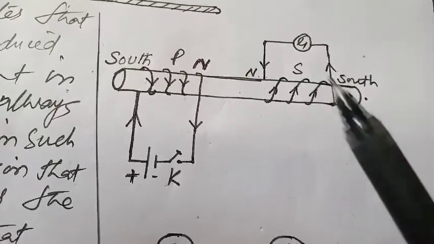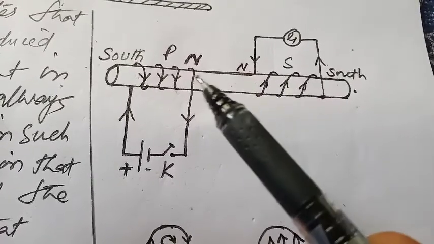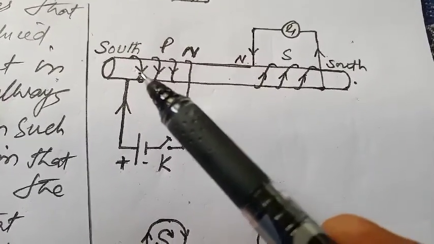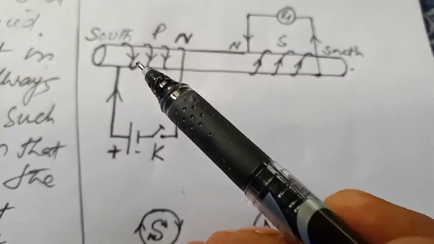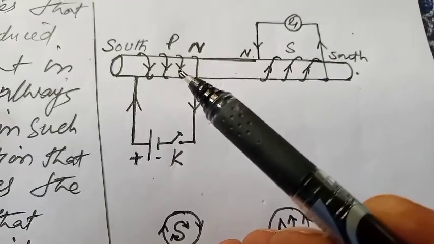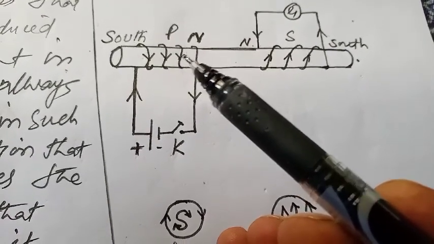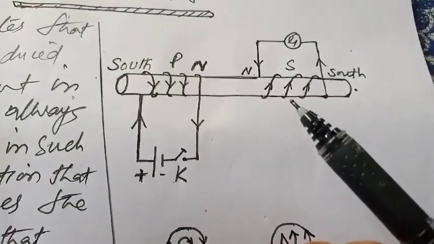But the magnetic field produced by the secondary should be in such a direction that it opposes the magnetic flux produced by the primary, which is the cause of the induced current.